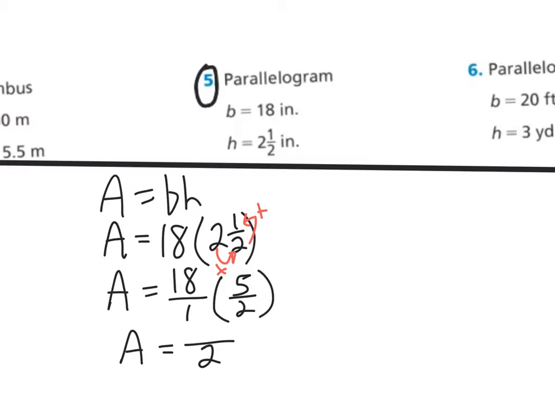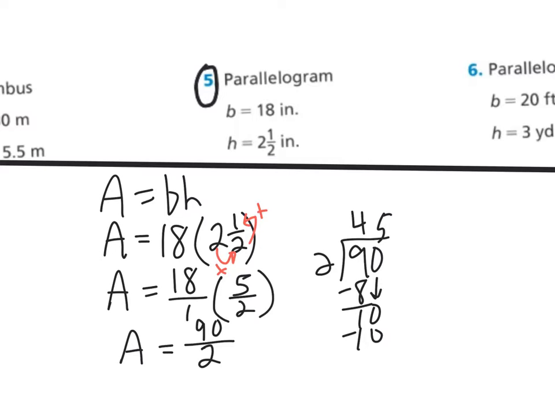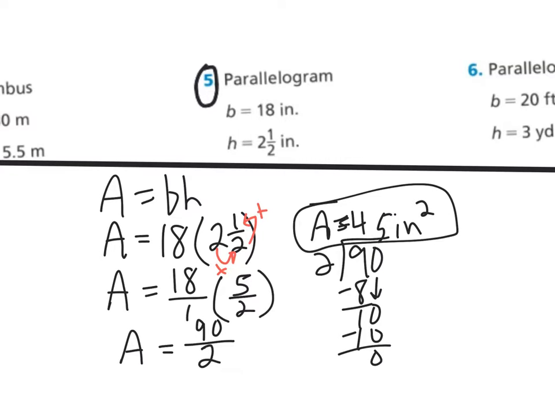And the numerators, 18 times 5 is going to be 90. And so 90 over 2 means 90 divided by 2, so we're taking half of 90. And if we work that out, it would be 45. So 45 square inches would be the area of the parallelogram.